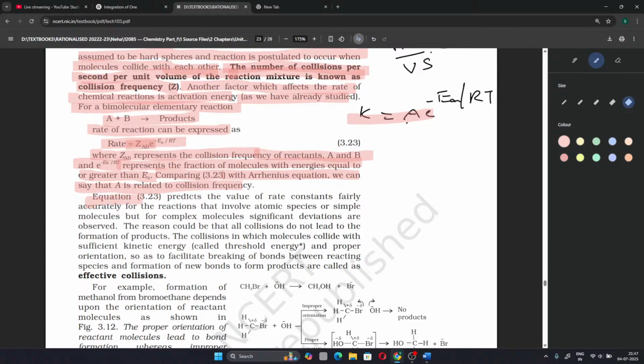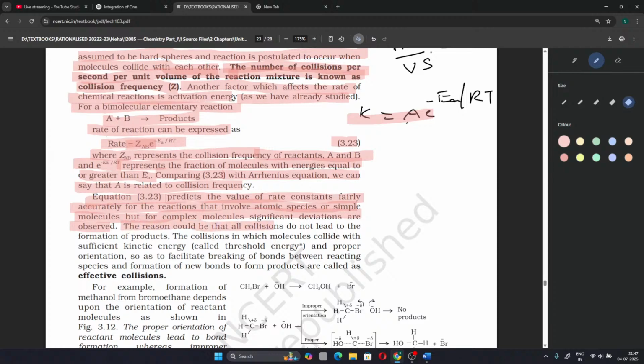Equation 3.23 predicts the value of rate constant fairly accurately for reactions that involve atomic species or simple molecules, but for complex molecules significant deviations are observed. This equation will give us the rate constant for simple reactions, but for complex reactions or complex molecules, significant deviations are observed.